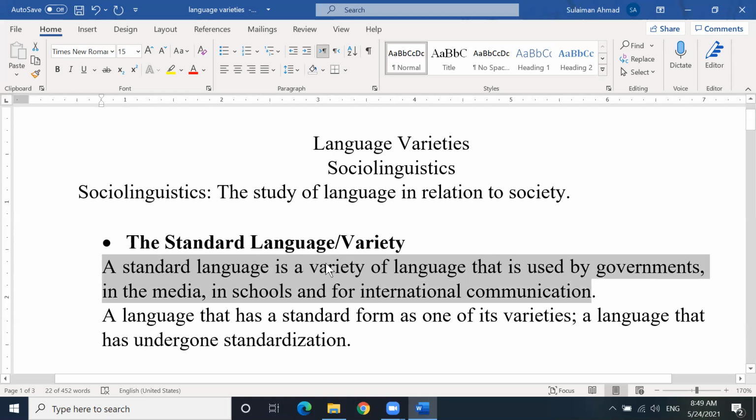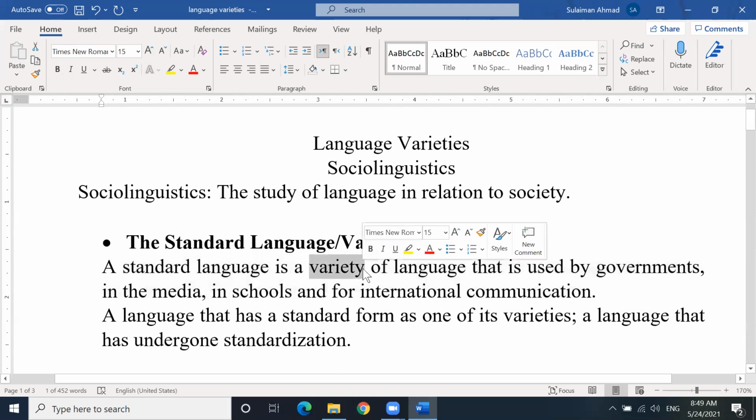A language has got different varieties. Like if you look at English, English has the American variety, the British variety, the Australian variety, the Canadian variety, the Arabic variety, the Indian variety, the Pakistani variety.